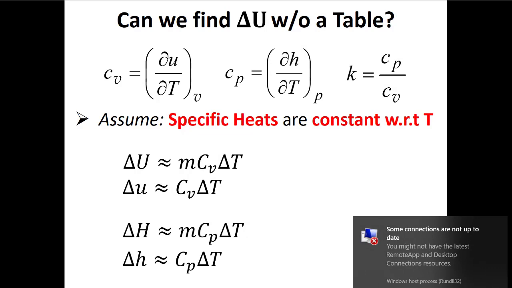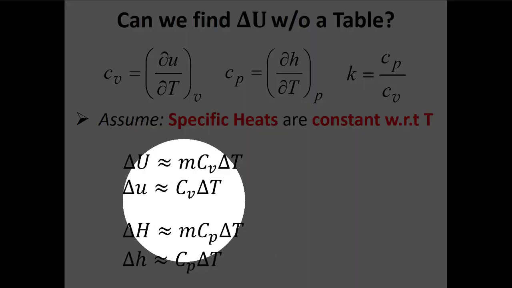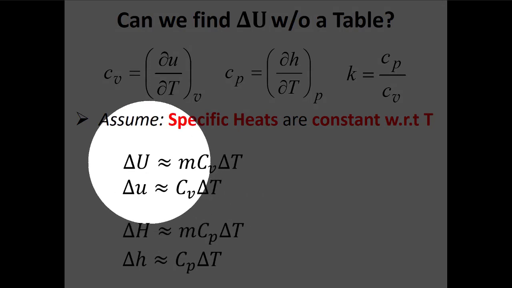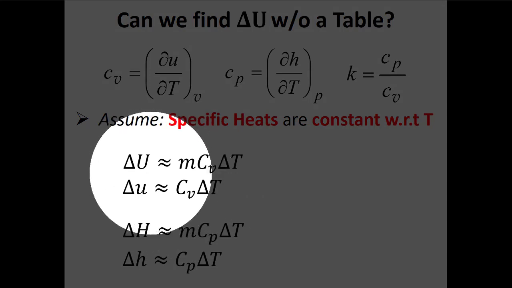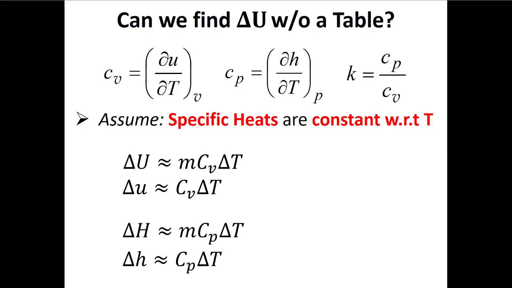We can apply the same idea. If delta little u is equal to CV times delta T, but in my first law I want delta big U, then I multiply that by mass, so m CV times delta T. I can apply the same thing for enthalpies.